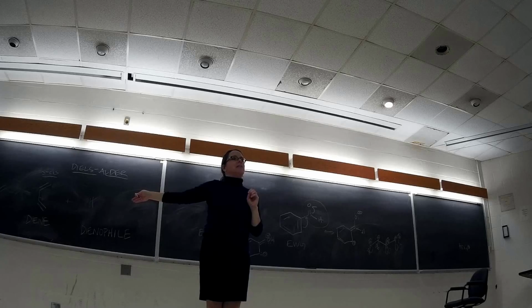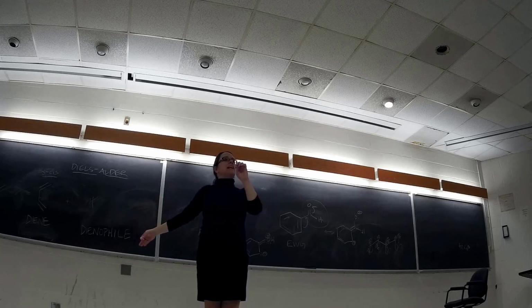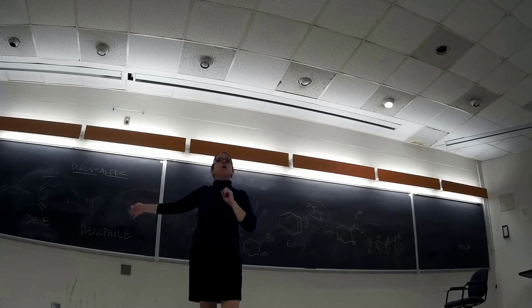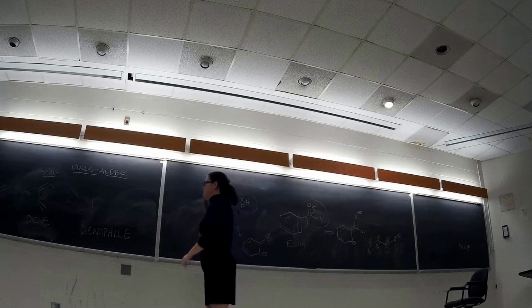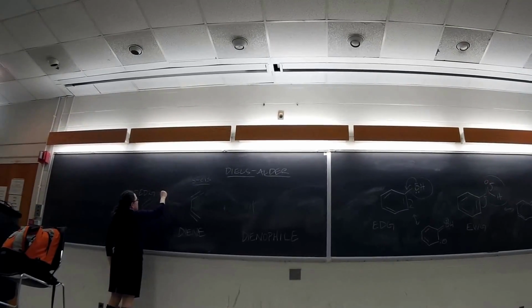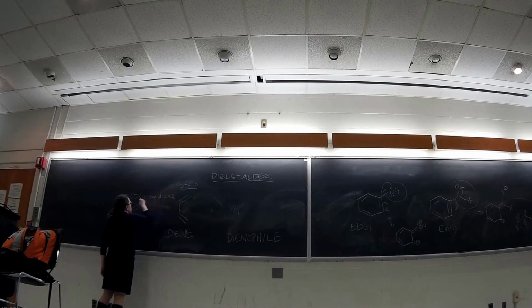So, I know that the diene is the nucleophile because studies show that when I stick electron donating groups on the diene, the reaction runs faster. But if I stick electron withdrawing groups on the diene, the reaction runs slower. Okay? Let's take that out. It says, if I put electron donating groups on the diene, my Diels Alder reaction is faster.